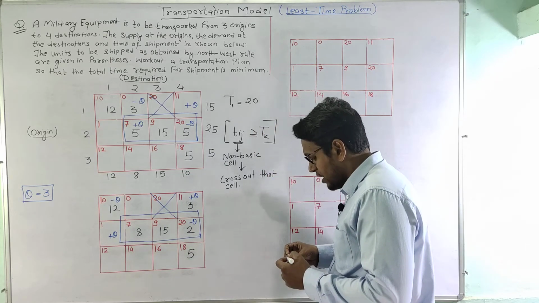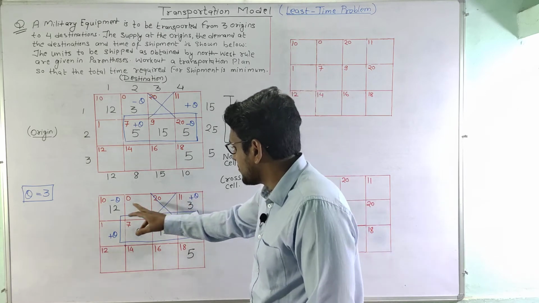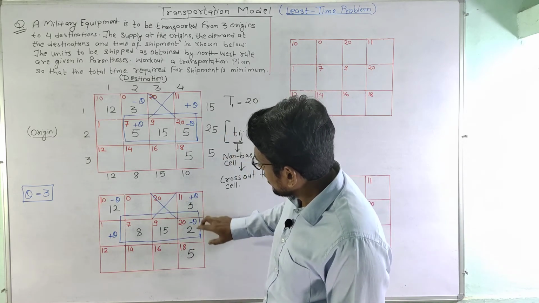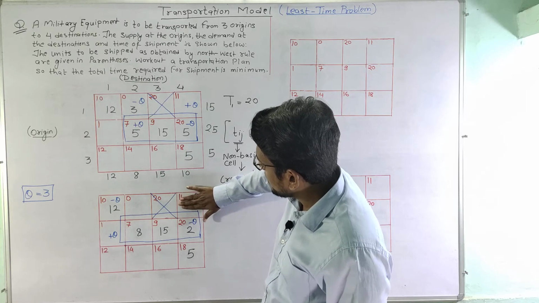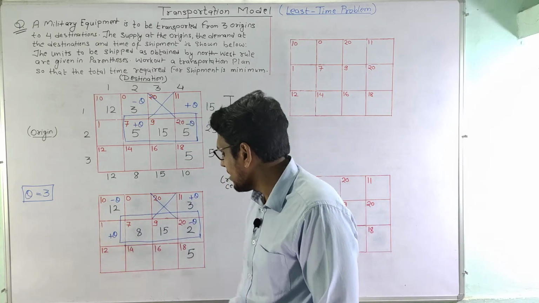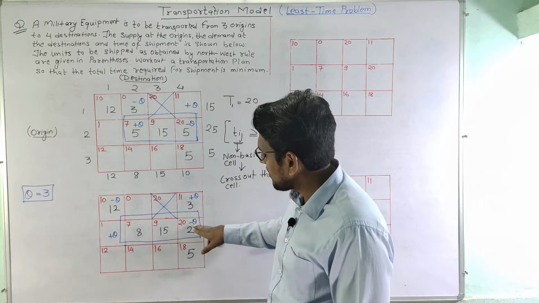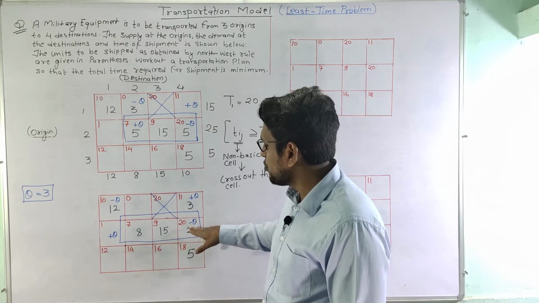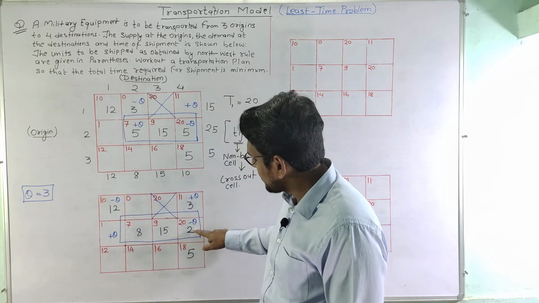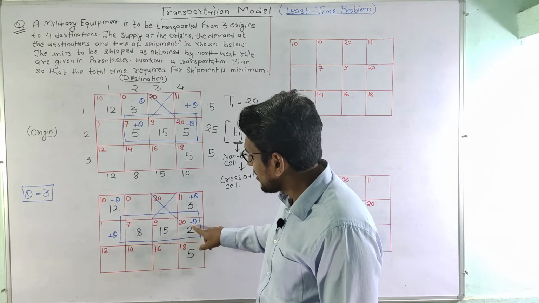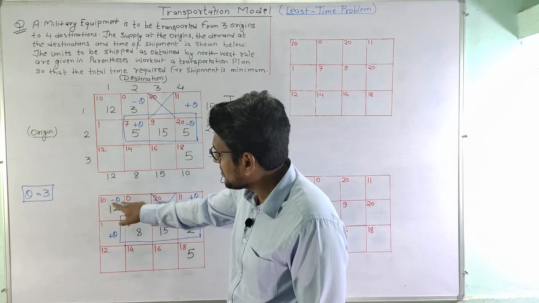So let us see in this particular part also, we will ignore the cells which are having plus theta value. So we will ignore this cell, we will ignore this cell, we will only see the cells which are having minus theta value. So this is 2 minus theta, this is 12 minus theta. That means the maximum value of theta here can be 2, and the maximum value of theta here can be 12.